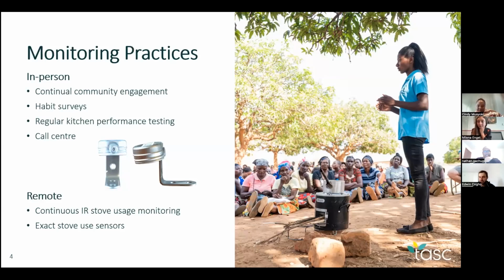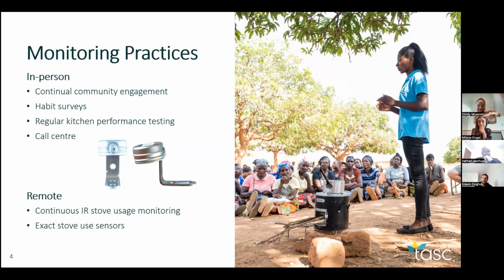As Nathan mentioned previously, with the Gold Standard you can only claim best practice monitoring. They've got this three-tiered approach, and for best practice monitoring, where you can claim up to 100% usage, you need to employ continuous stove usage monitoring through some sort of sensor-based technology.